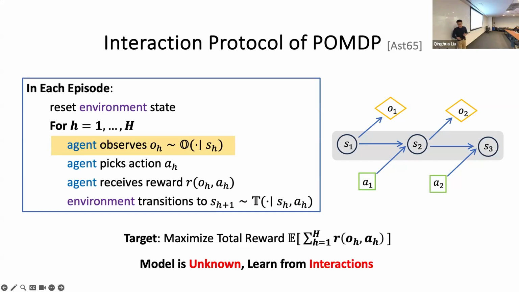Throughout this talk, we will consider the most general scenario where all the model parameters are unknown. The learner needs to identify a good strategy by interacting with the environment. In other words, the only information the learner can gather is the observations and rewards from the environment.